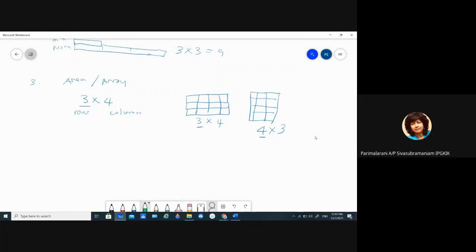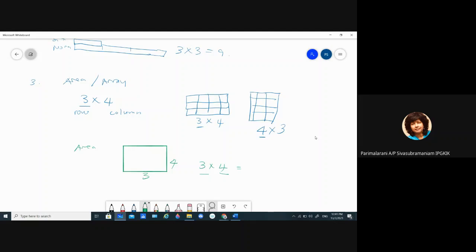The area model is something like the array model, but with area we go straight into the area. 3 times 4: one dimension is 3, the other dimension is 4. For multiplication, 3 times 4 is always the area, length times width, and either number can be the length or the width.